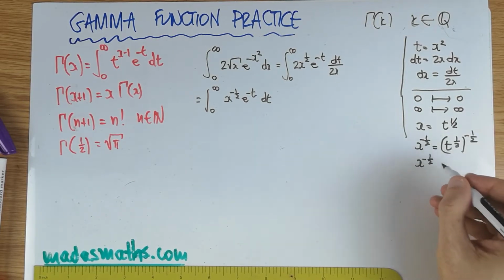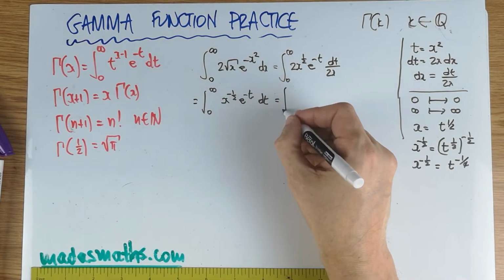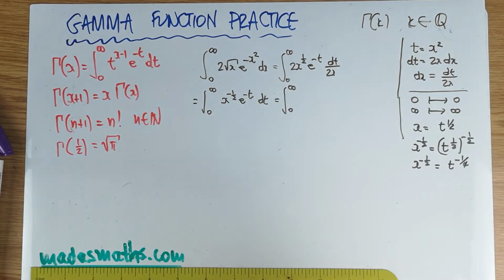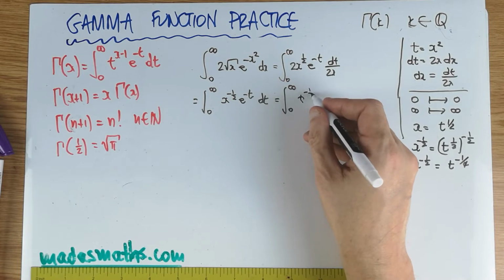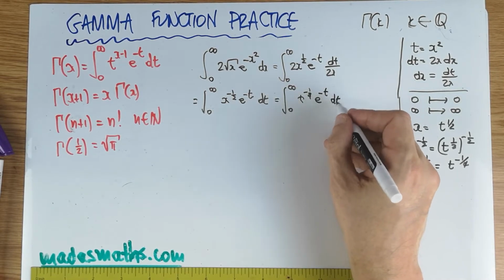So x to the minus a half is t to the minus a quarter. So we get another line: t to the minus a quarter, e to the minus t dt.